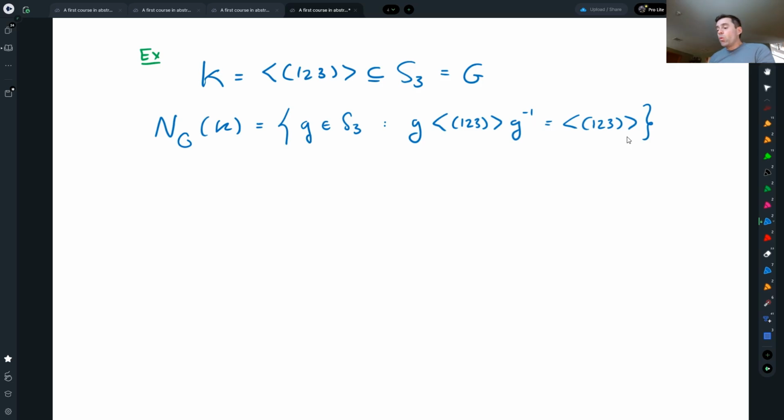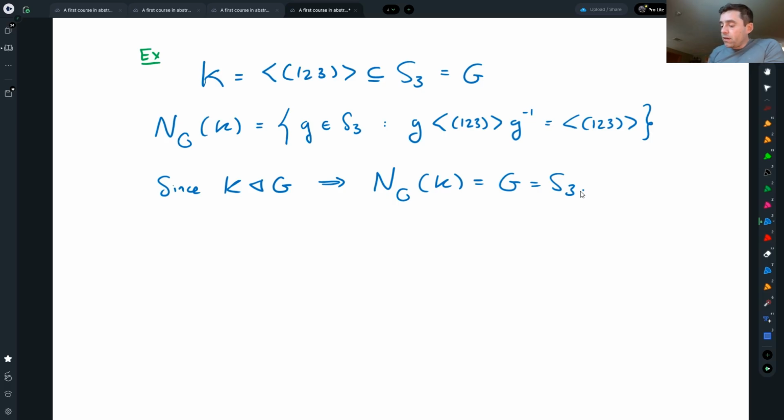Okay, but we know that this K, this subgroup, we've proved it to be normal. Since K is normal in G, then the normalizer, which is the largest subgroup of G where K is normal, has to be all of G. It is normal, so for every g, this is satisfied. So in either way, we've proved that since K is normal, the entire normalizer is just all of G, all of S3.